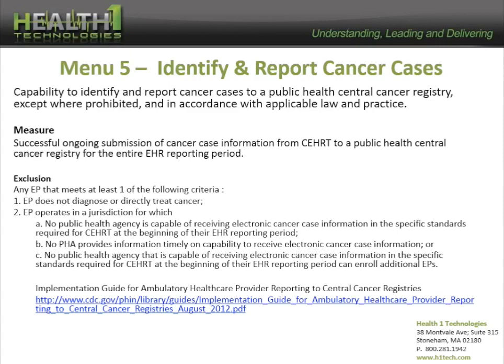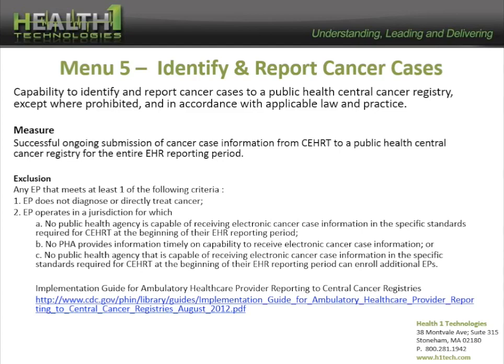And the exclusion is that any EP that meets at least one of the following criteria can be excluded from the measure. So if the EP does not diagnose or directly treat a cancer patient, or if the EP operates in a jurisdiction where the public health agency isn't capable of receiving the cancer information, the public health agency provides information timely on capabilities to receive the electronic cancer information, or the public health agency is capable of receiving the information at the beginning of the reporting period.